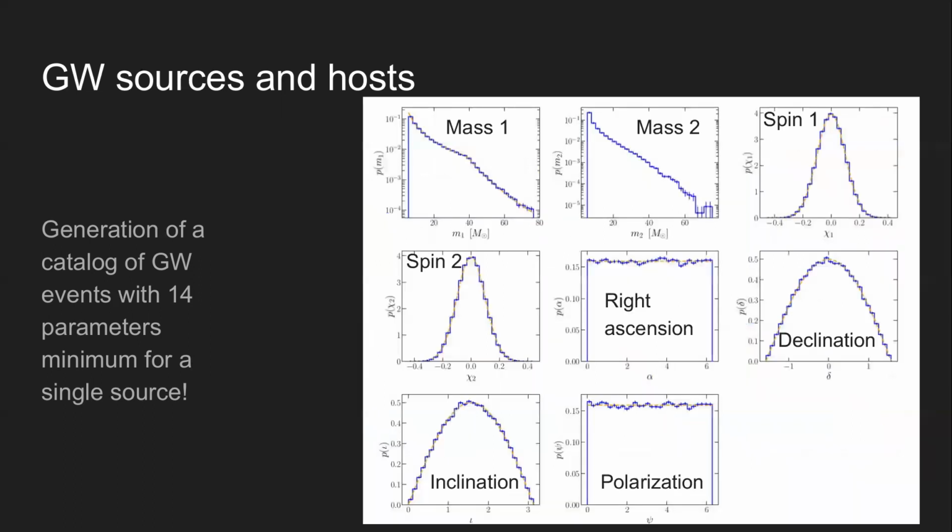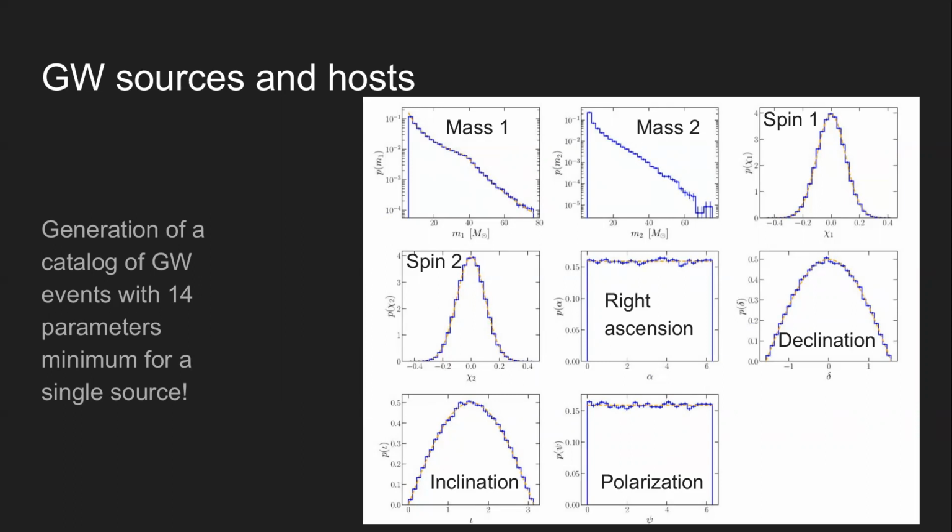And then if you go to the source level, this is more intuitive: you need masses from both objects and spins from both objects. Here spin is taken as a one-dimensional parameter. In reality, it's a three-dimensional parameter, but again, minimal model. You need two numbers to locate your source in the sky.